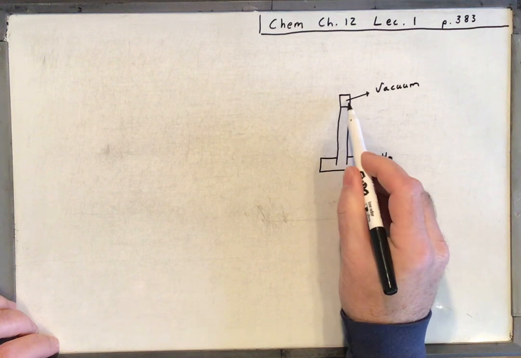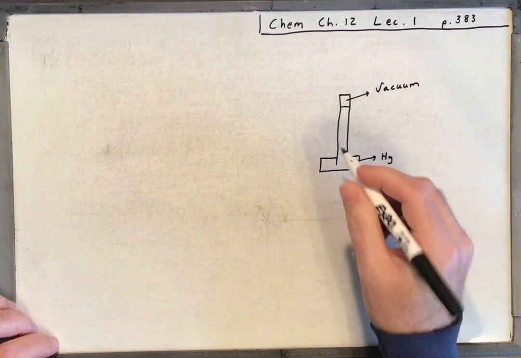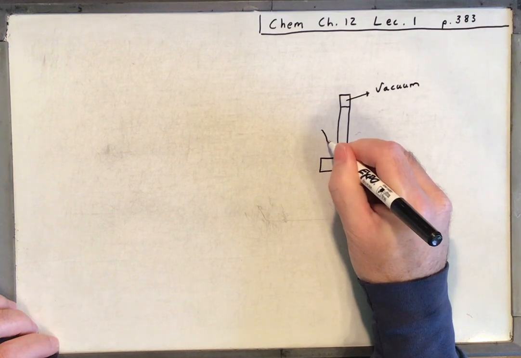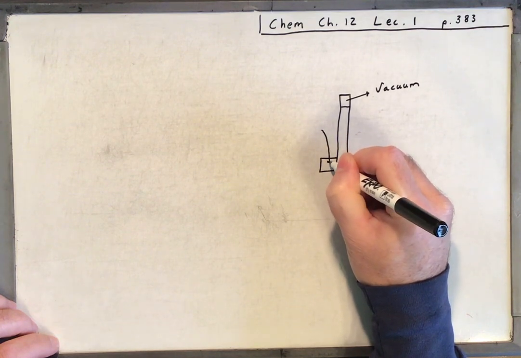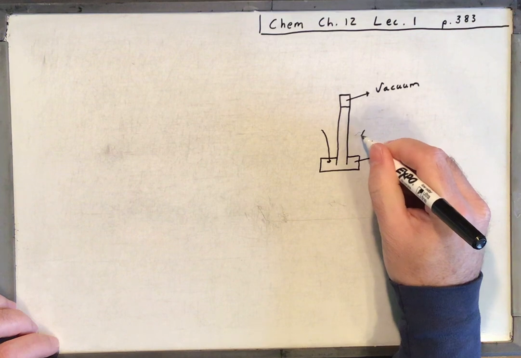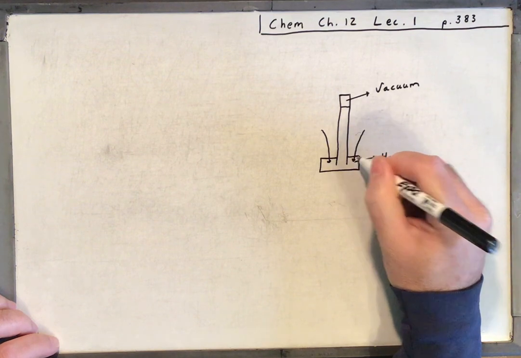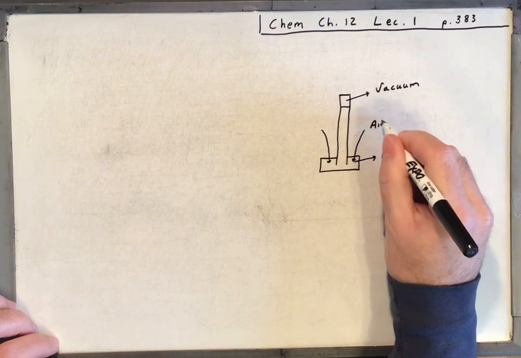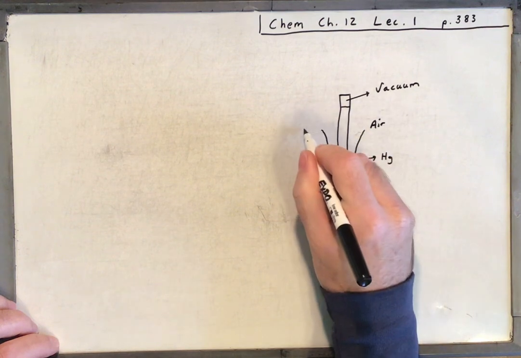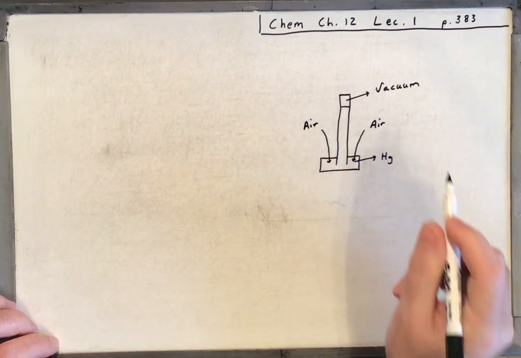So there's no molecules, no air, nothing there. Then the air exerts a pressure on the mercury in, we'll just call it the dish. Air pressure: the weight of the air.